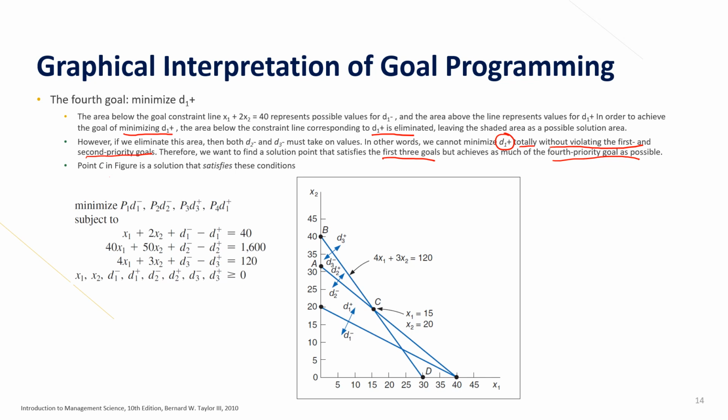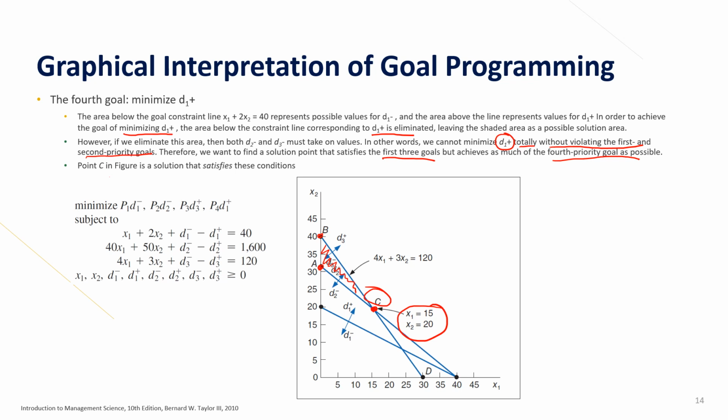Based on the shaded area that we have previously, we have the choice of A, B, and C, and the point that satisfies all those functions in the minimum manner is point C, where x1 equals 15 and x2 equals 20.